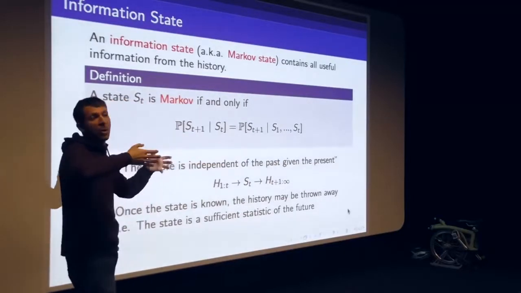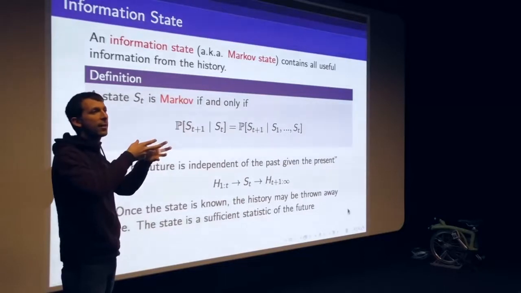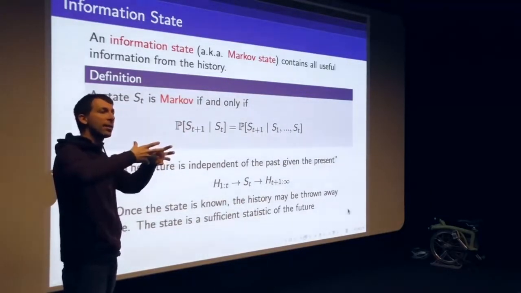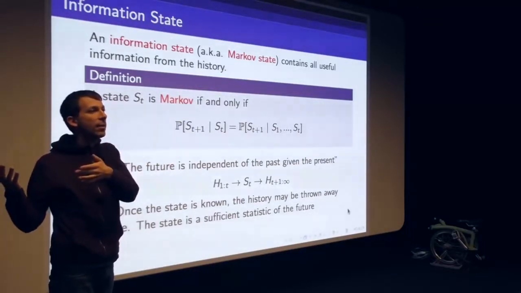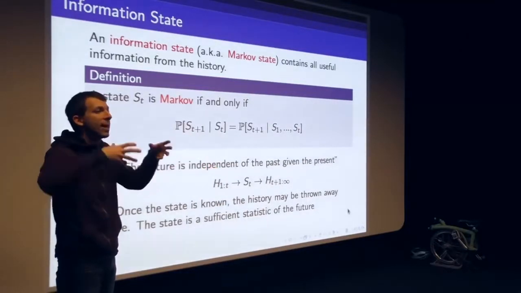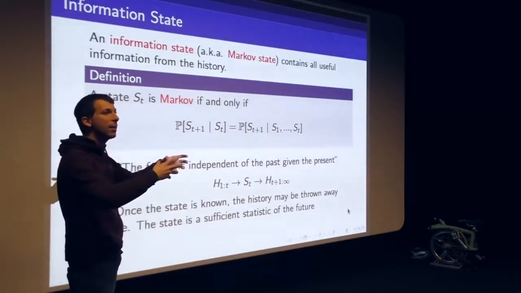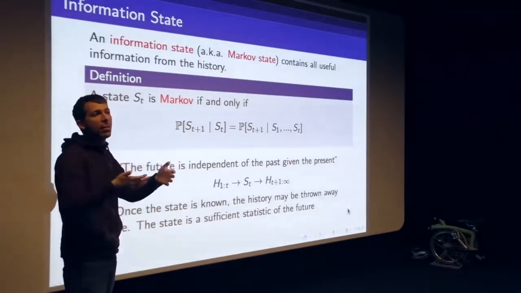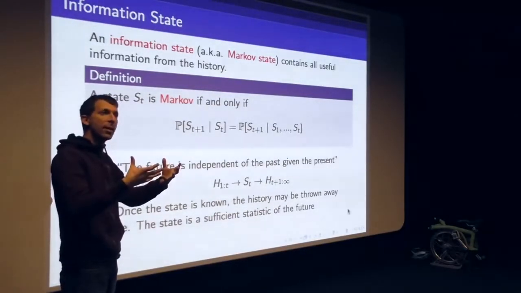Maybe you need to know the wind direction and things like that as well, but if you know all of those things, it doesn't matter what the position of the helicopter was 10 minutes ago. That doesn't make any difference to where the helicopter will be at the next moment. All that matters is where it is now, and the wind direction, and that will fully determine what will happen to the helicopter at the next moment. You don't need to remember this detailed history of its previous trajectory, because it's irrelevant.